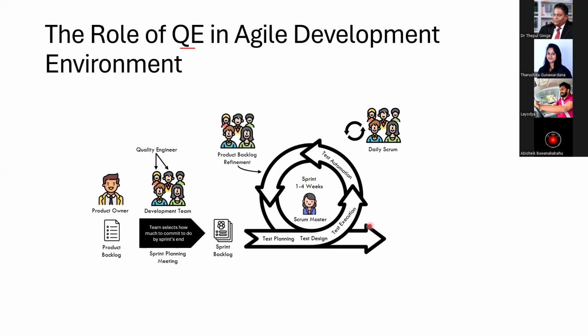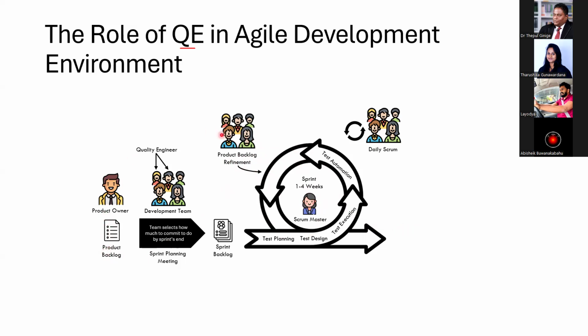And in each sprint, maybe at the end of the sprint, there's a product backlog refinement. That means, as I have mentioned before, all the user stories or tasks we need to do for the project are maintained by the product owner.